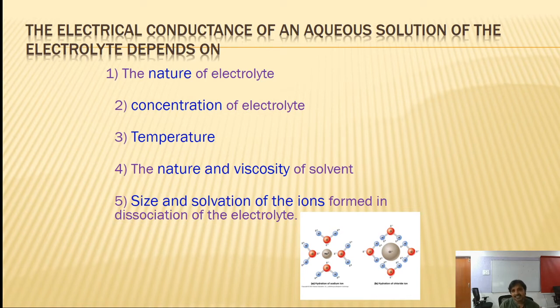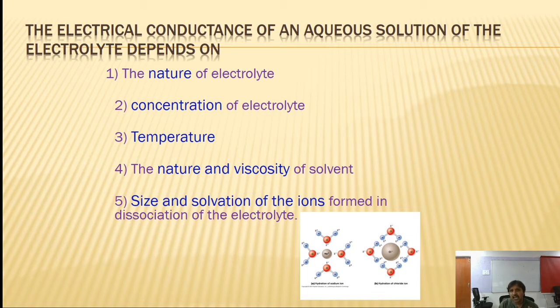When the size decreases, movement increases. A similar effect can be observed in ions also. The smaller the ion, the higher the mobility of the ion, so the conductance of electricity is higher with a decrease in the size of the ion.